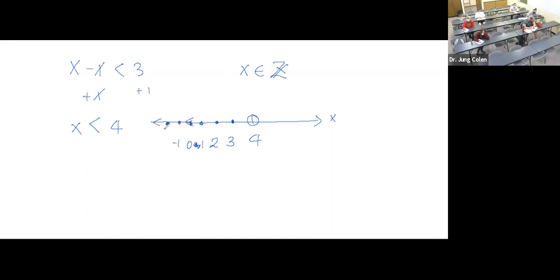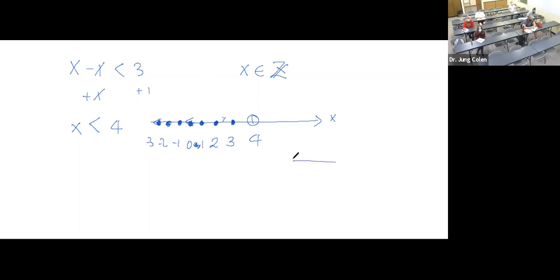Negative 1, negative 2, negative 3, and so on. So we are not looking at any numbers in between these. So we are looking at only 3, 2, 1, 0, negative 1, negative 2, negative 3, and so on. Does it make sense? So we are not looking at any number in between.